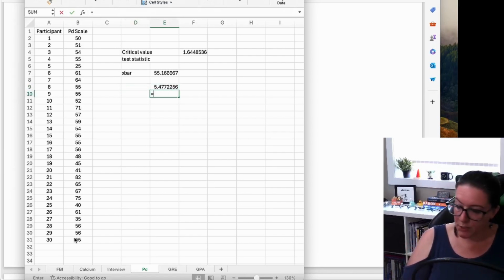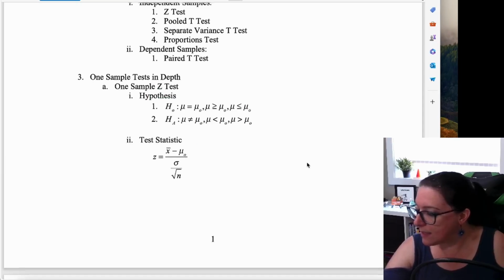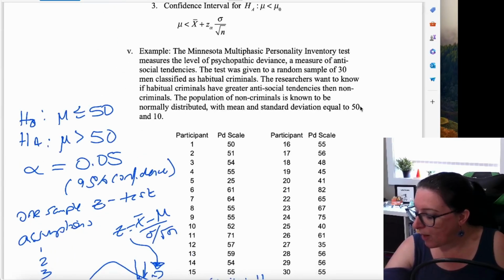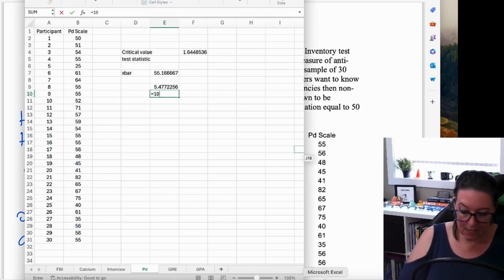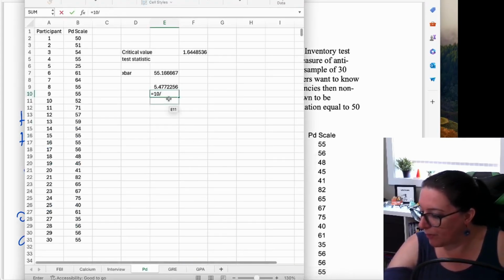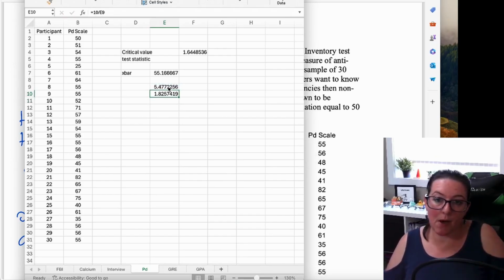So then we are going to do sigma divided by the square root of n, and sigma is the population standard deviation, which is 10. 10 divided by the square root of n. Okay. That gives us the bottom part of the formula.